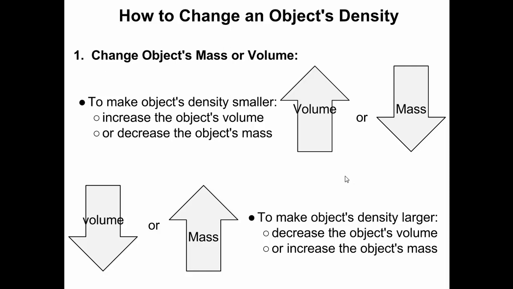If we want to make the object's density larger, we either need to decrease the object's volume, so we need to make it smaller in size, or we need to increase its mass, so we'd be adding more things into it. And both of those things would make the object's density increase.